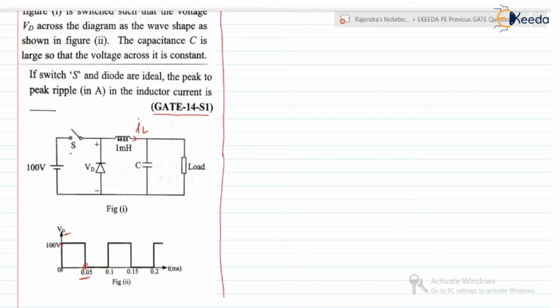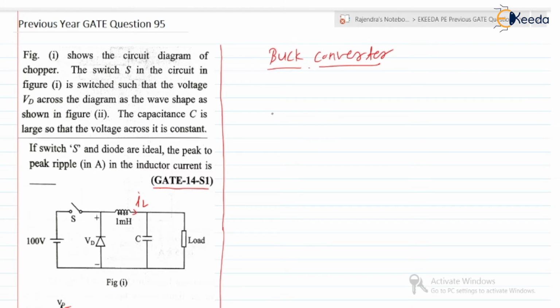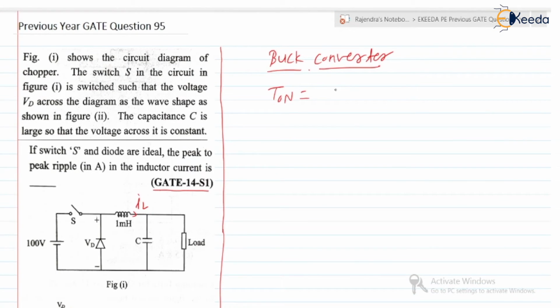Yes, because when the switch is in the on state, only then the voltage across the diode is equal to 100 volt. So from the figure we can write the on time of the switch, T on, is equal to 0.05 millisecond, that is 0.05 into 10 to the power minus 3 seconds.